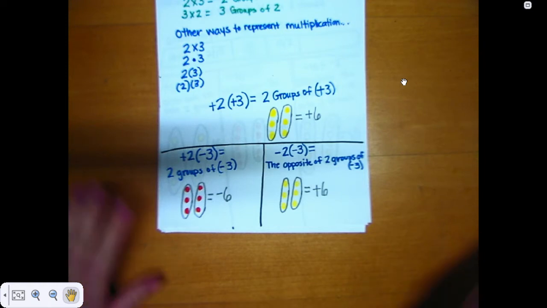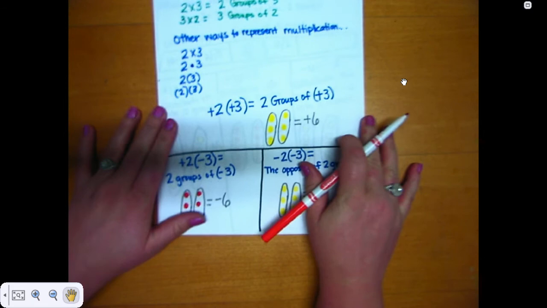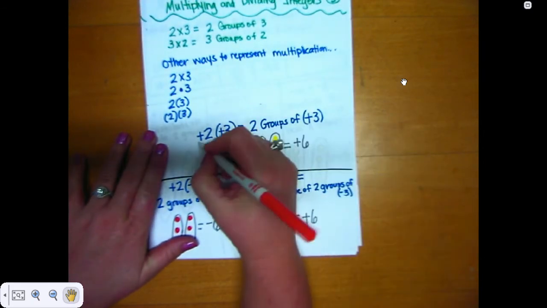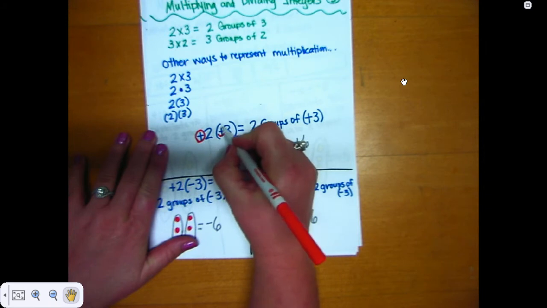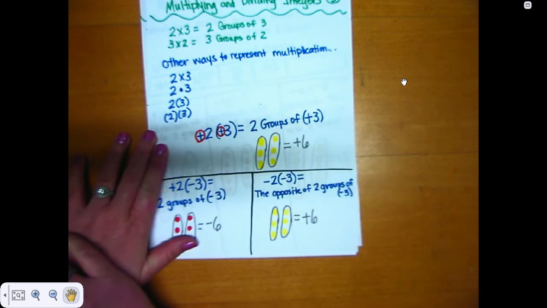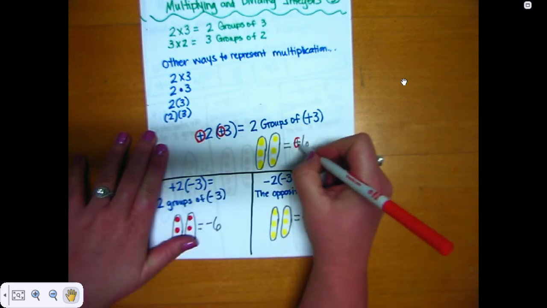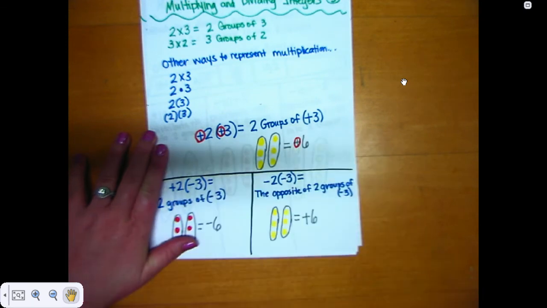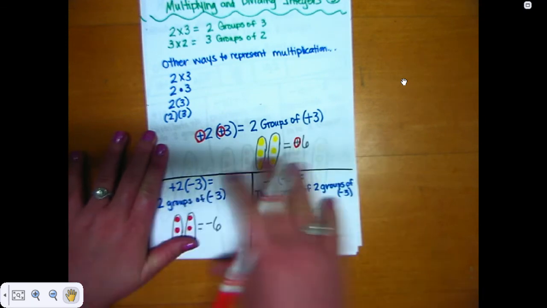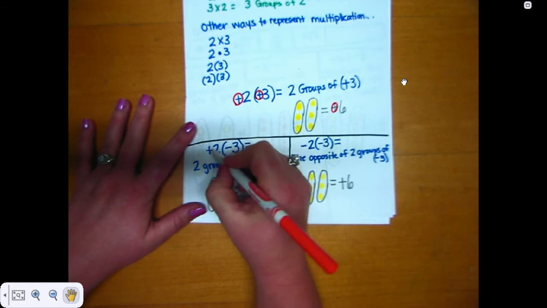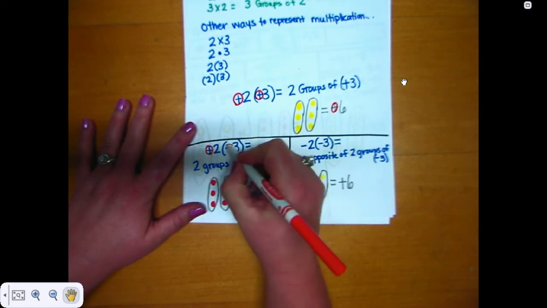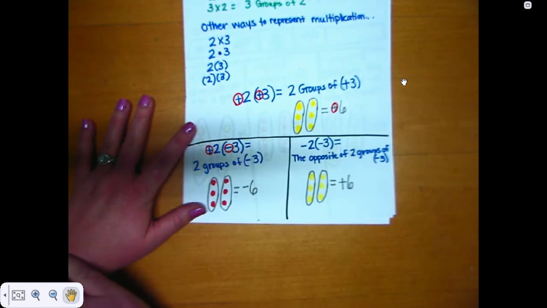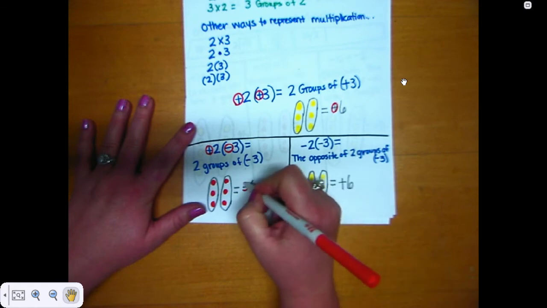So let's notice when we're multiplying. If I multiplied a positive times a positive, I got a positive answer. When I multiplied a positive times a negative, I got a negative answer.